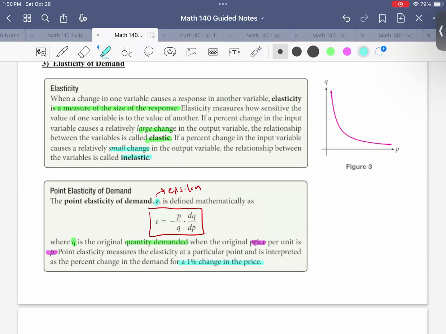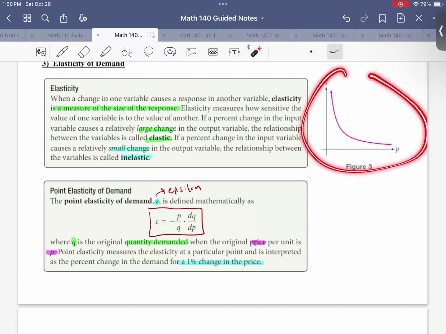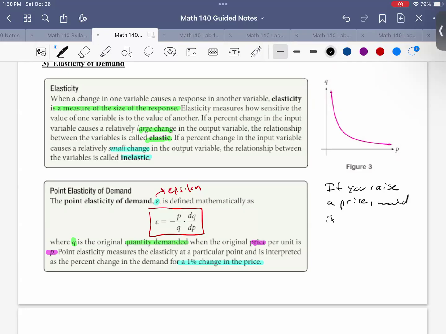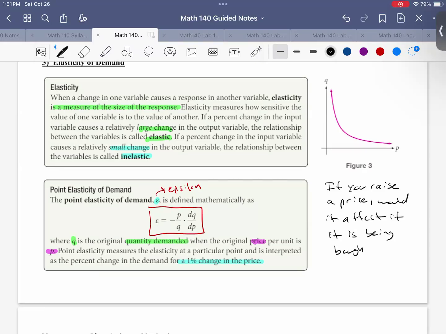Okay, so that's the setup. And here's a little graph in case this might help. As price per unit increases, what's the relationship with the quantity demanded? In layman's terms, what is this graph saying? If you raise a price, would it affect it being bought?